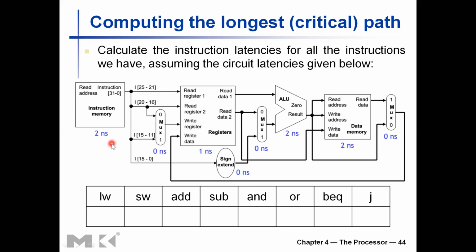So the time needed between two positive clock edges for the load word instruction is indeed 7 nanoseconds, to complete its operations. Then what about the store word instruction?